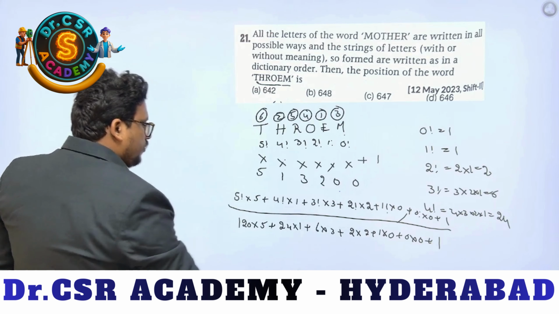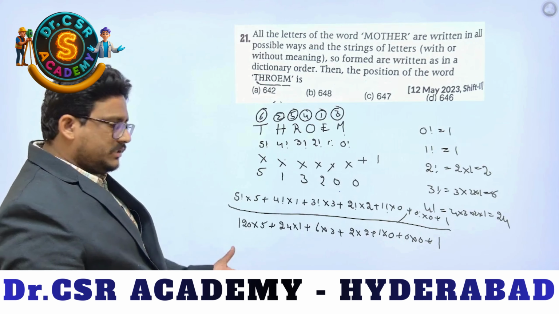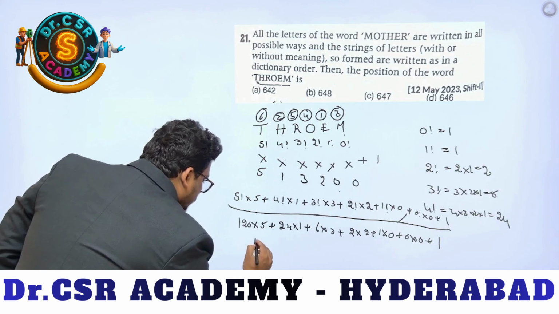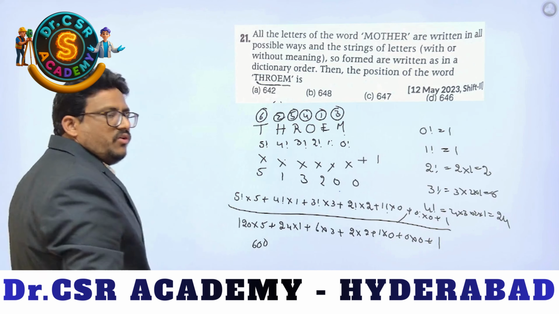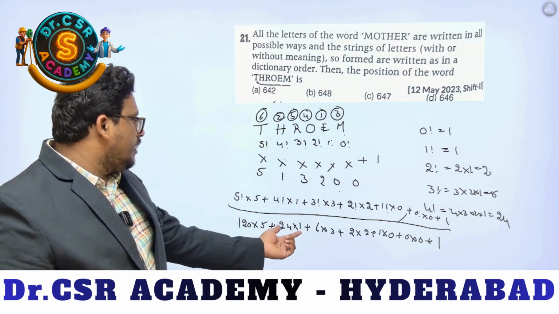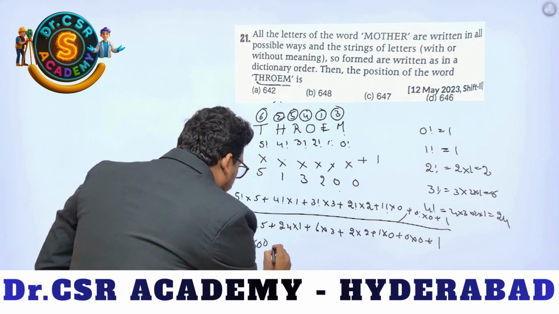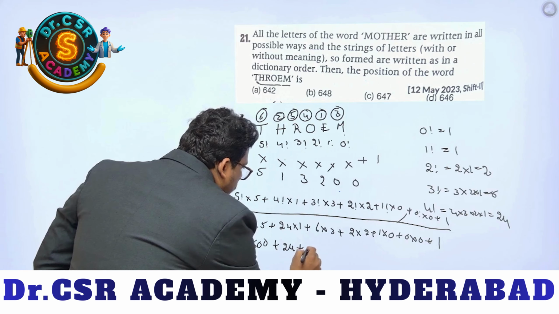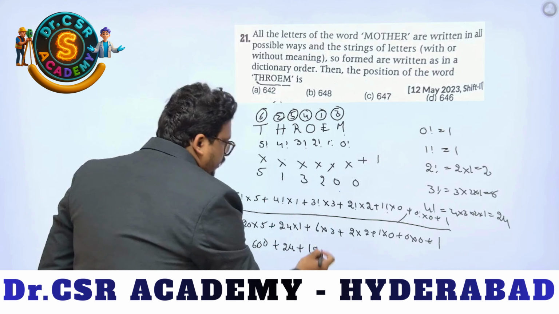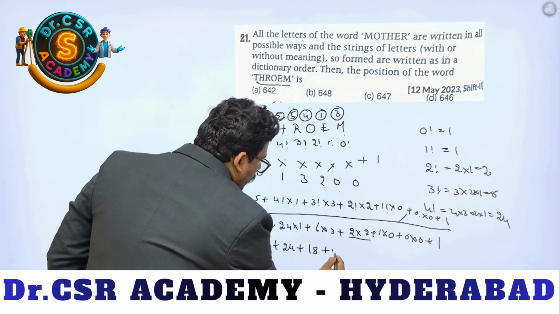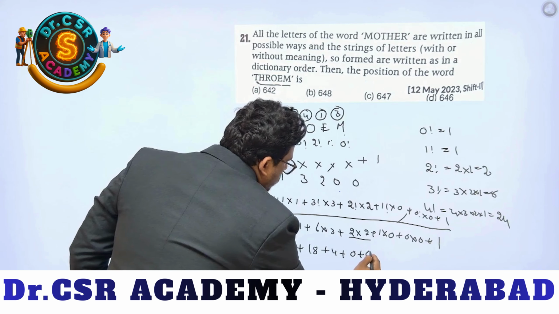So total values: 12 fives are 60, so 600, plus 24 ones are 24, 6 threes are 18, 2 twos are 4, plus 0, plus 0, plus 1.